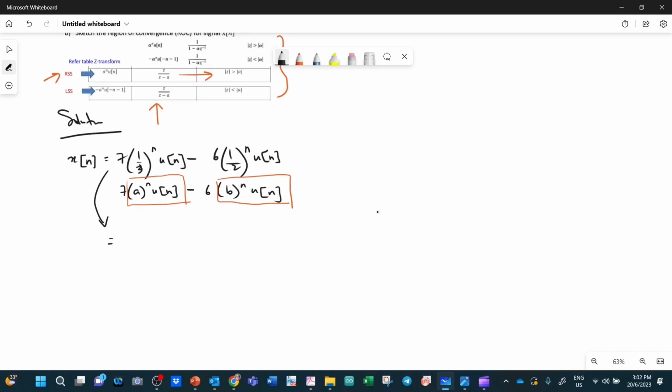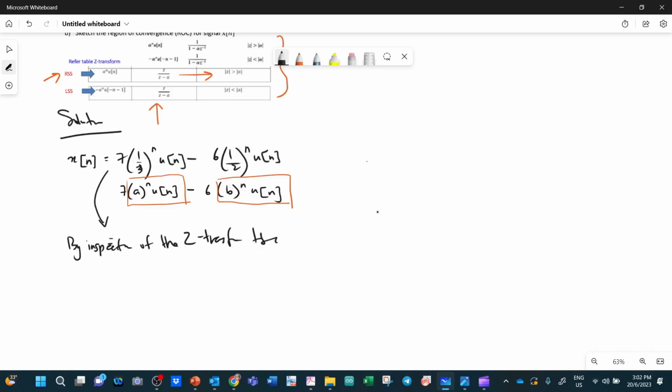Okay, so by inspection of the Z transform table, we are going to split this into two.